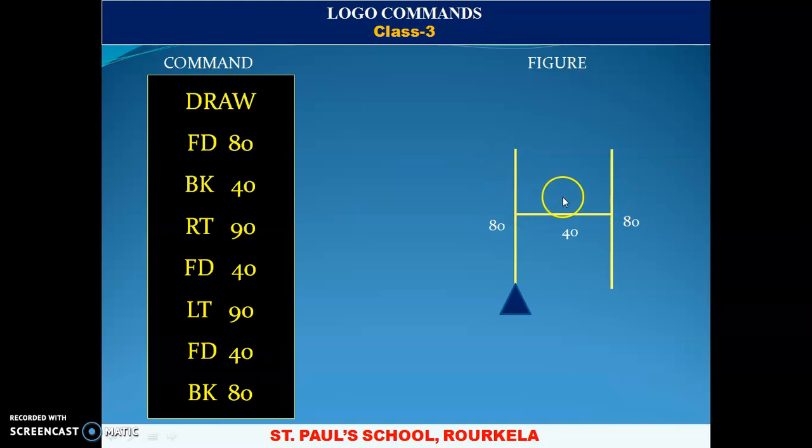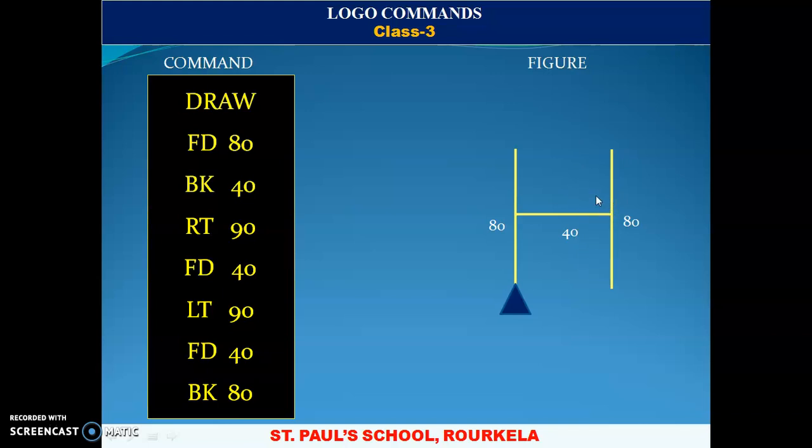Now this line is on the right side. So here you have to use RT90. It will move to the right side. Then FD40 means it will draw this 40 length line. Now here again the line goes both ways, upward and also downward. So either you can use the LT command or you can also use the RT command.